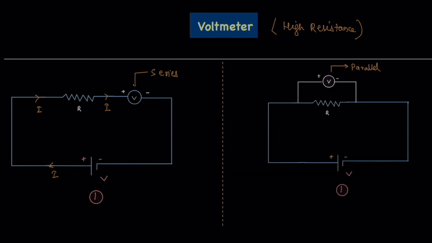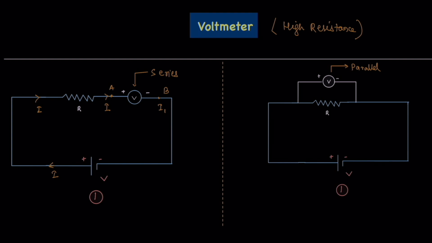So when the current moves from, assume this point as A and this point as B, the current will vary. This current could be I1. So we will not be able to get the voltage reading properly.